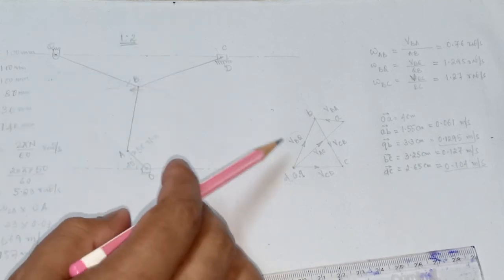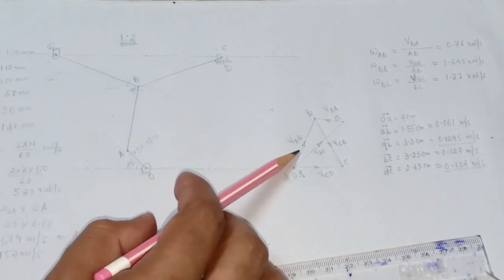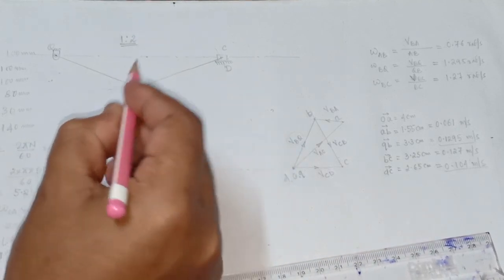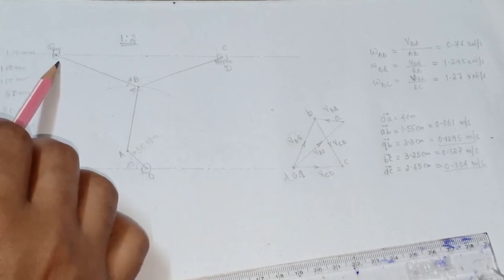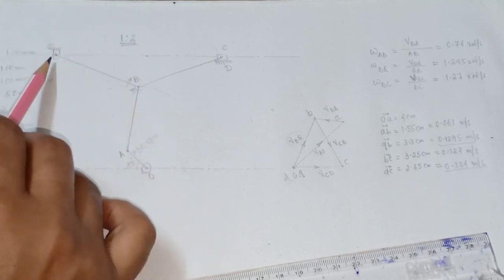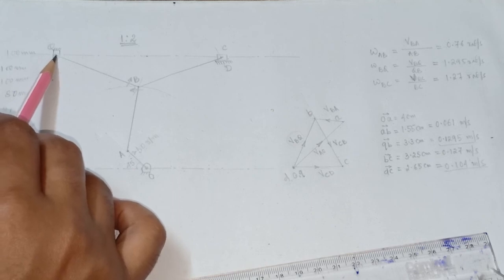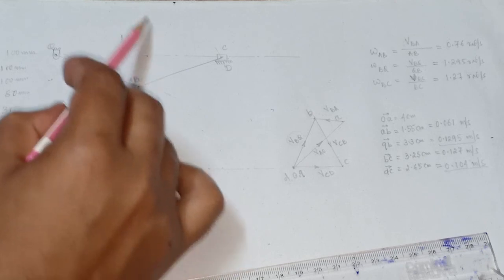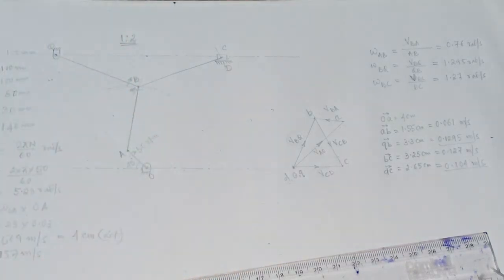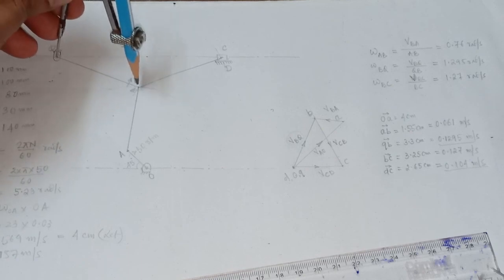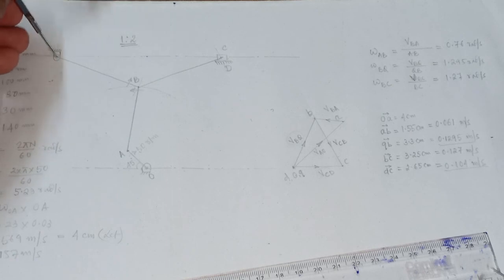QB is directed upward. Whenever we look at point B from Q, it will be rotating counterclockwise. Keeping Q as center and QB as radius, the direction of rotation is counterclockwise, the arrow pointing to the left-hand side.